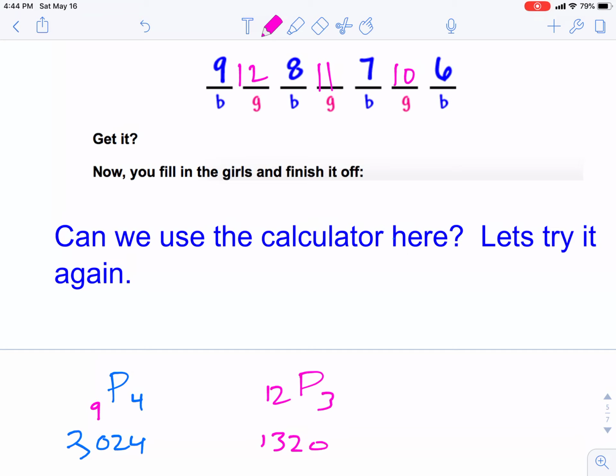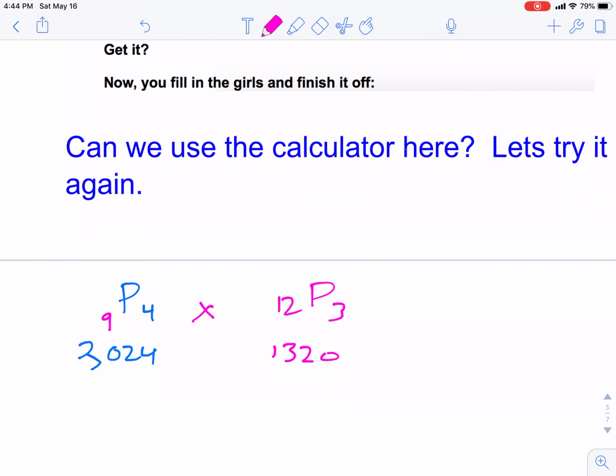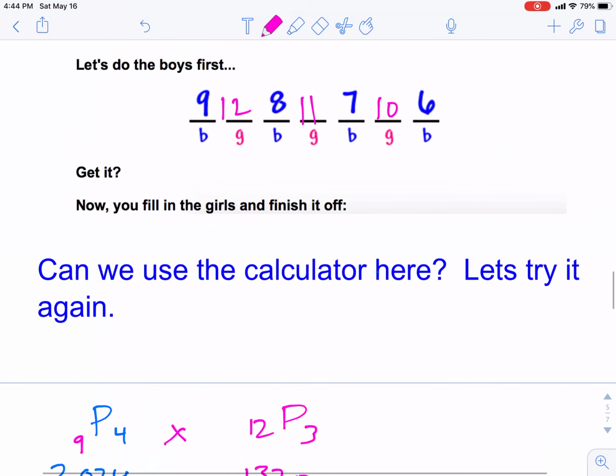Okay, and then the fundamental counting principle says, hey, let's take each option and we have a grand total of 3,991,680 different ways to line up. So, and that's if we just took 7 spots.